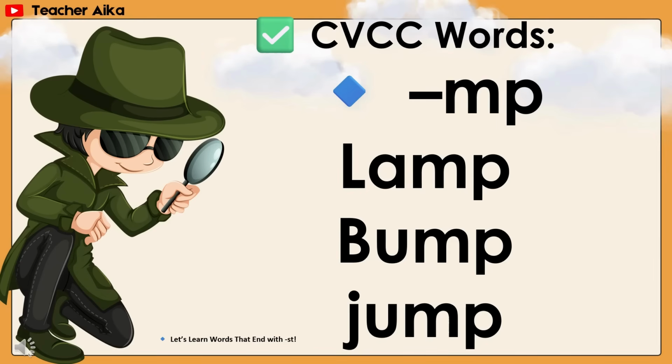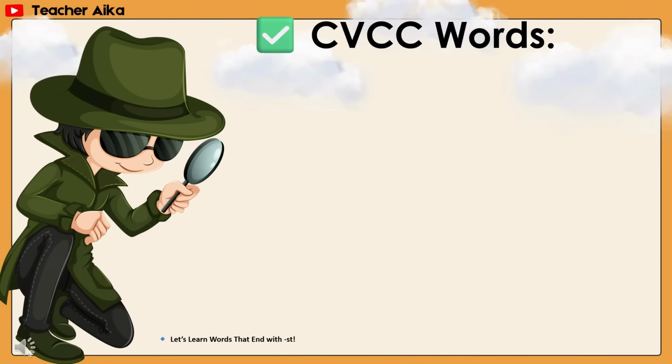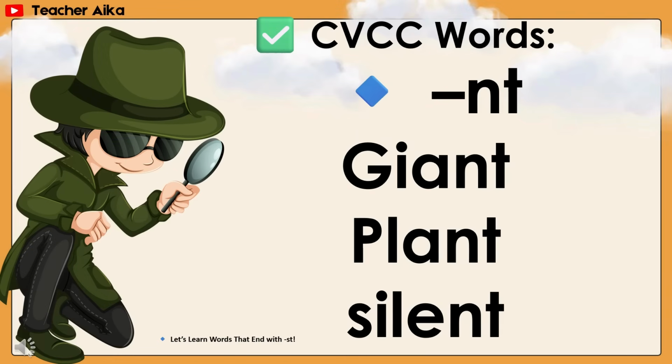Lamp, bump, jump. Let's learn words that end with NT. Giant, plant, silent.